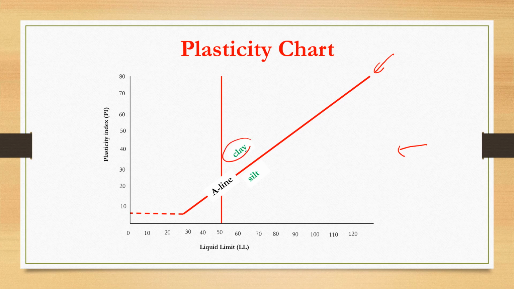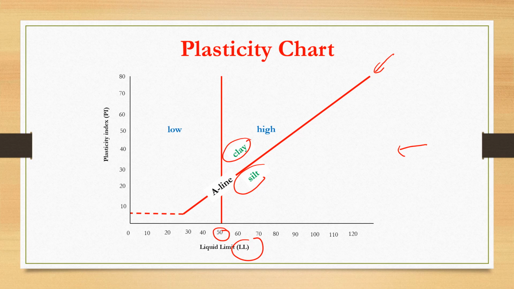You also need to know the percentage of liquid limit, which will be the indicator of plasticity behavior. If the liquid limit is more than 50%, it is considered high plasticity. If it is lower than 50%, it is considered low plasticity.